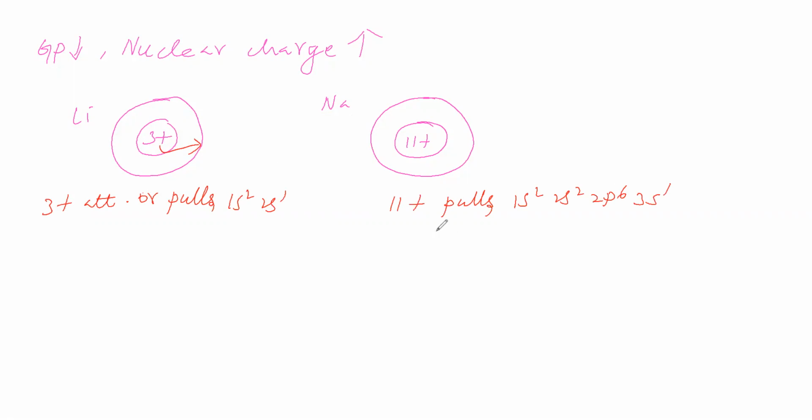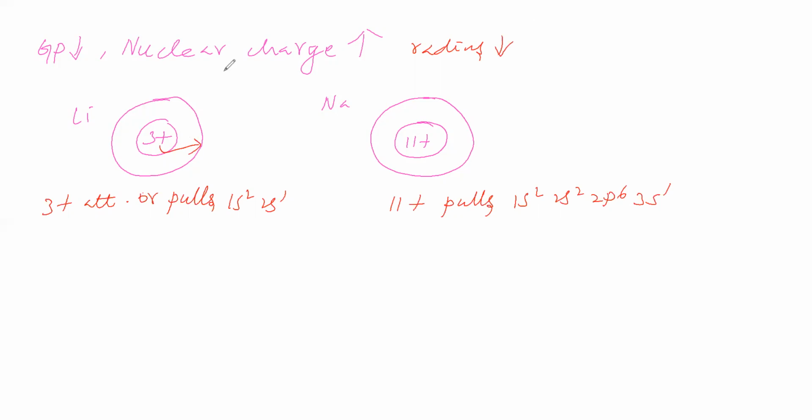Therefore, where the pulling extent is more, in the 11 protons when compared to 3 protons, due to higher attraction, what happens to the radius? The radius gets reduced. Here nuclear charge is more when compared to this, so more attraction, therefore the radius decreases.